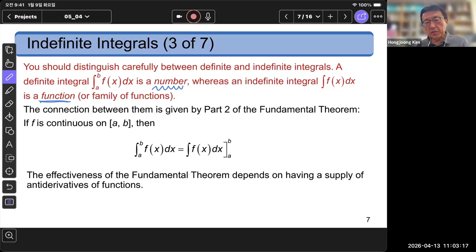Since it depends on c, this notation represents many different functions. Sometimes people say it represents a family of functions, meaning that depending on the value of c, the expression may represent many functions.